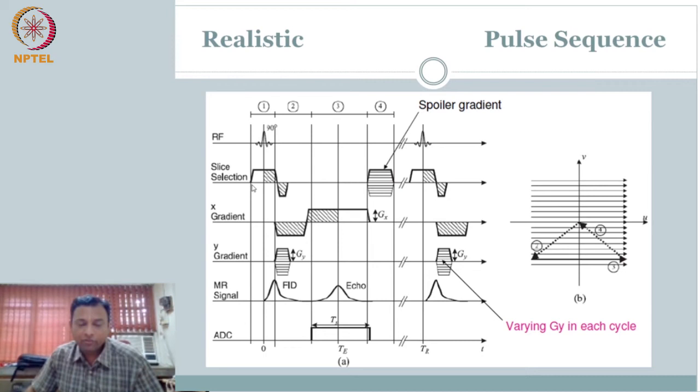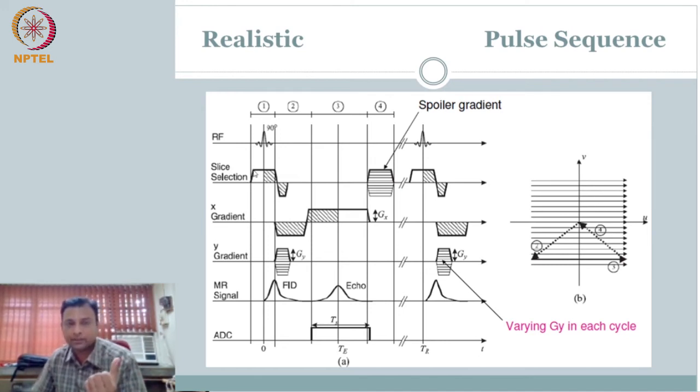Notice in the previous pulse diagram, you would have noticed only rectangles. That is, the gradient is on, it goes from 0 to the highest Gx or Gz without any time gap. In reality, there's a slew rate. So in reality, it is going to take some time before it reaches the maximum.